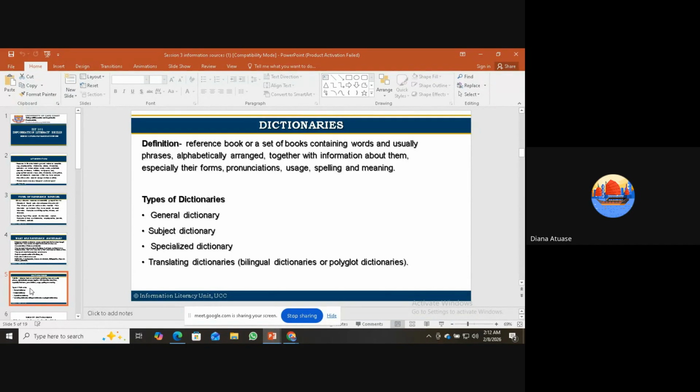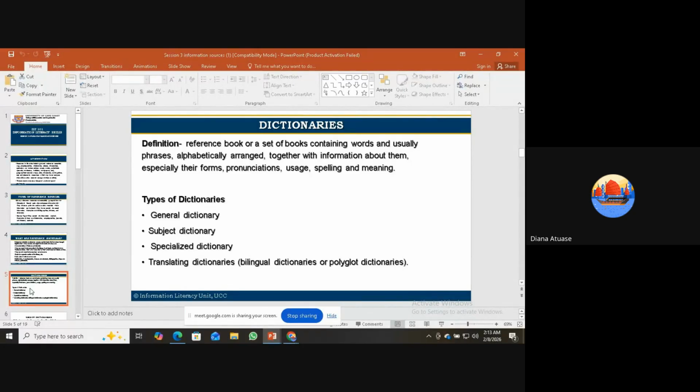So dictionaries are reference materials. They are arranged alphabetically, and they help in pronunciation and spelling, and provide meaning and usage of words. We have types of dictionaries.